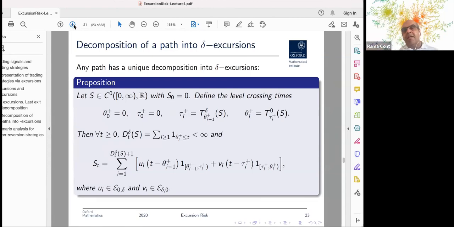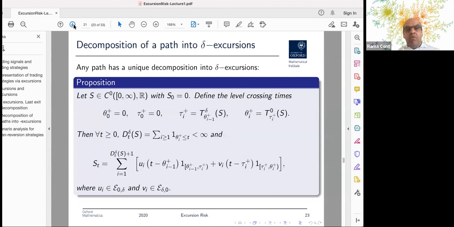So this is exactly what we call a delta excursion. It means that if we want to explore the properties of these trading strategies along a price path, we need to somehow decompose the price path, or the path of the signal, into delta excursions.